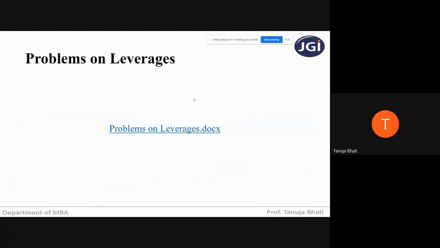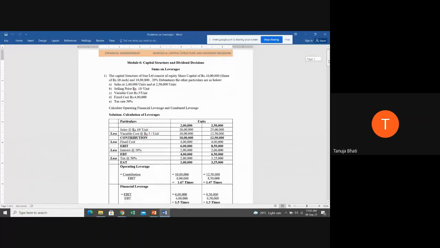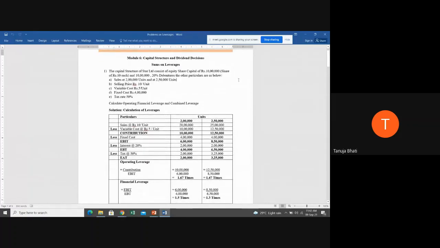Now let us see the problems on leverages. Is this Word document visible to everyone? Yes, students?